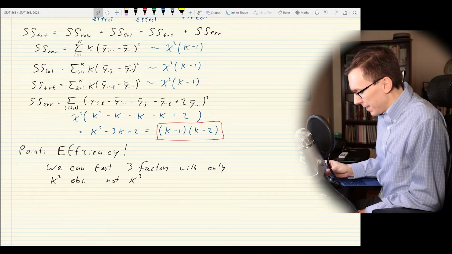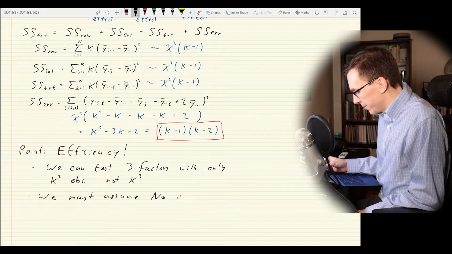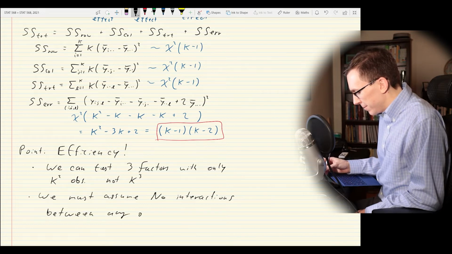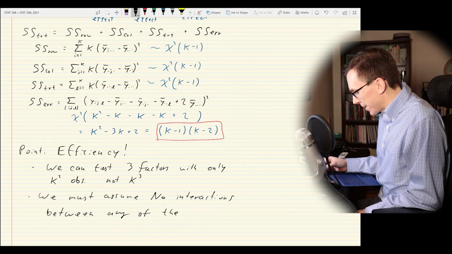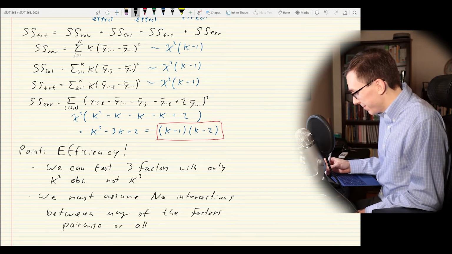And once again, we must assume no interactions between any of the factors pairwise, or I'll say all 3 at once.